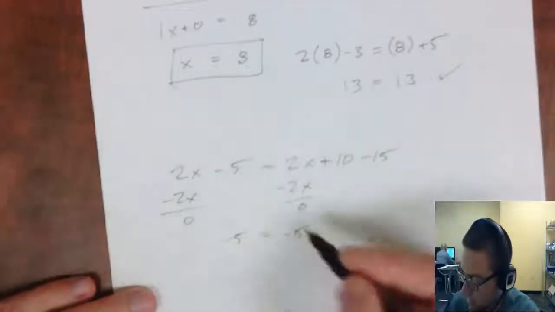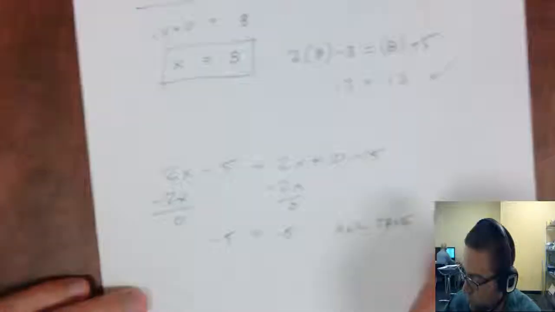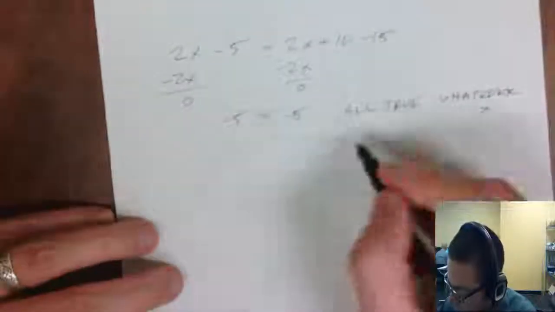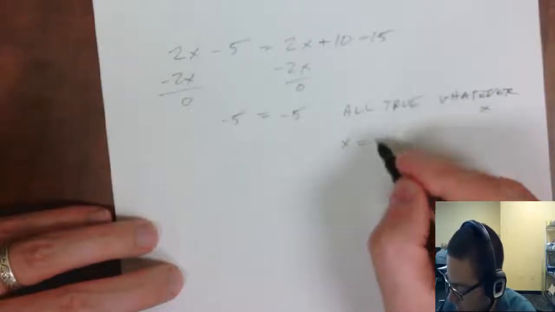So this is an always true statement, whatever x is. Any value of x that I plug in would make the statement true, so x is an element of the reals.